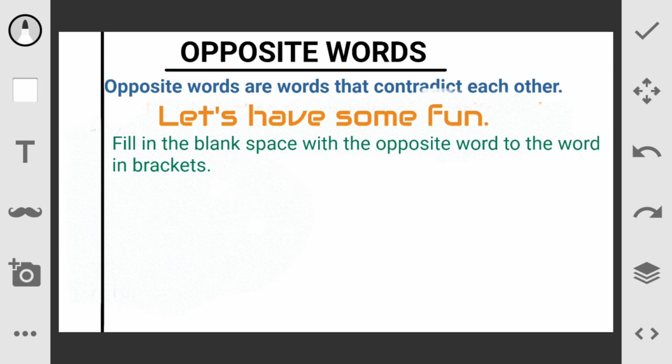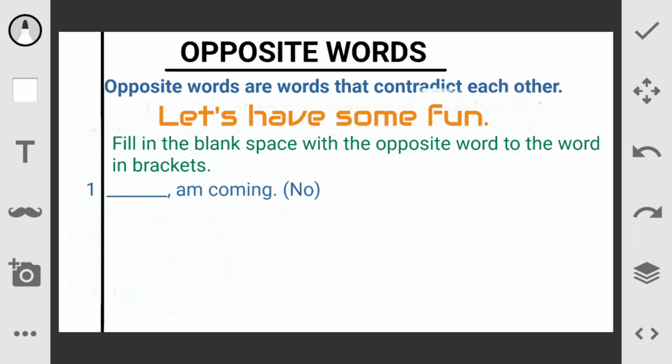Fill in the blank spaces with the opposite of the word in the brackets. There will be sentences that I'll write down, and at the end of each sentence there will be a word in brackets. We are going to use that word to find its opposite. That is the word we are going to put in the blank space to complete the sentence.